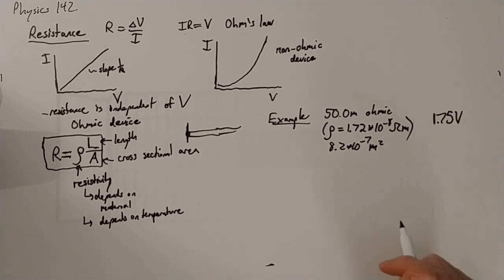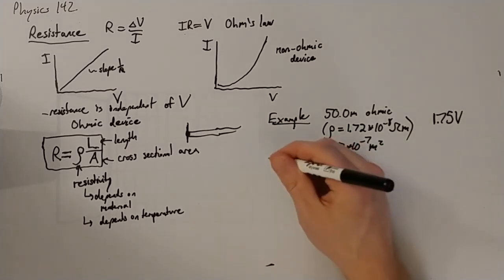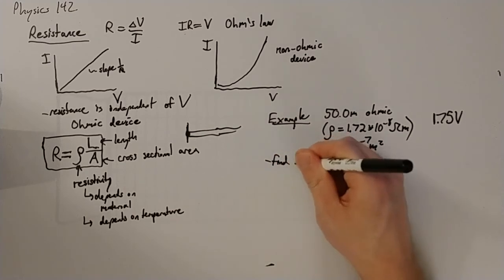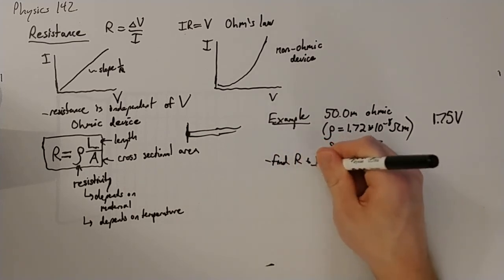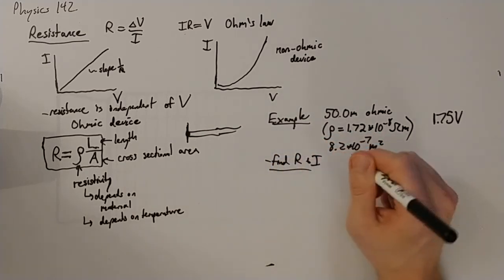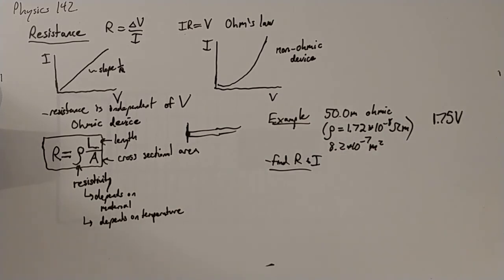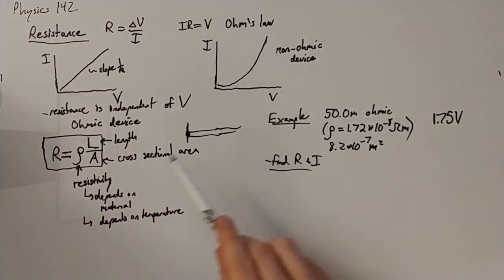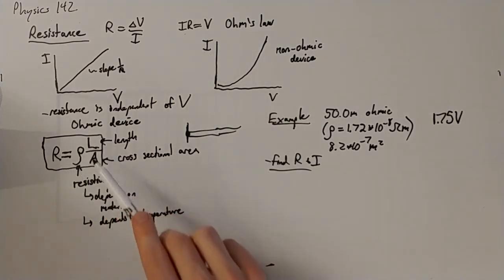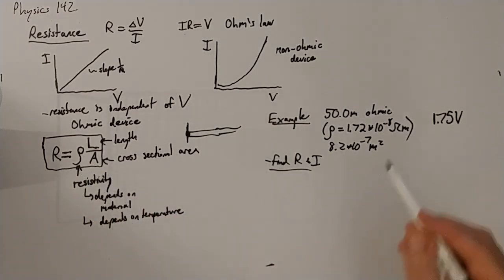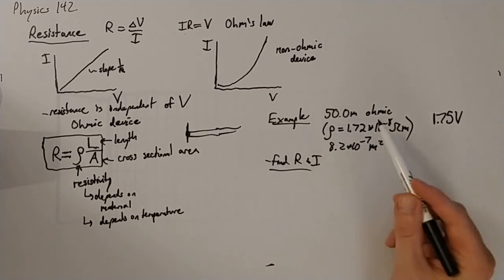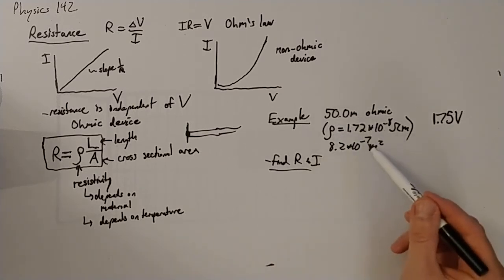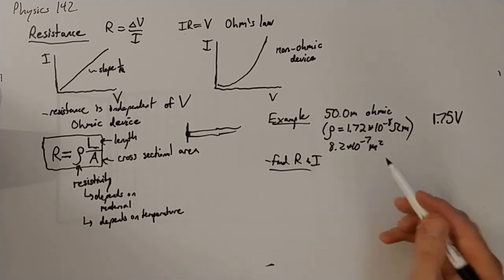And what is the current that flows through our wire? So find R and I. All right, there is sort of our question. So how do we approach this? Well, there's two important formulas. This V equals I times R, and R equals rho L over A. All right, clearly we know rho. We know L and we know A, so we can combine all of those numbers.